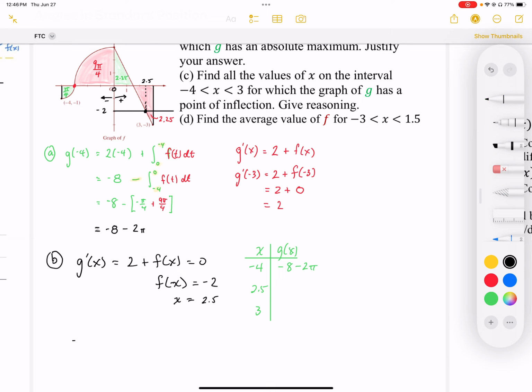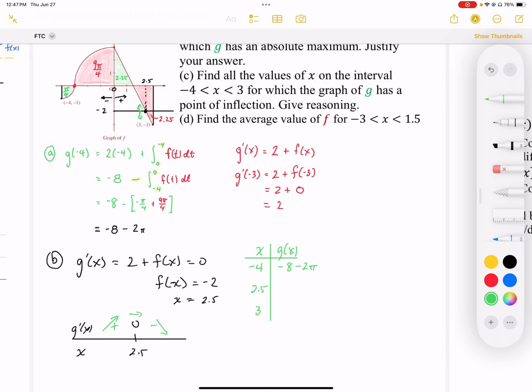I'm also going to draw my slope chart here just to confirm whether it's a local min or max. So there's my g prime is 0, x is 2.5, and I can see on the left of 2.5 of that graph, my g prime is going to be positive, okay, because these values in here above negative 2 are going to give me positive g prime, below is going to give me negative g prime values.